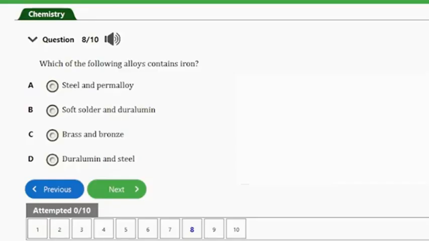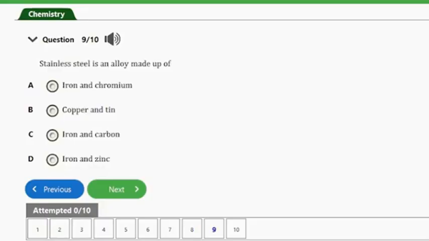So the answer to this question is option A, and that's steel and permalloy. Steel and permalloy contain iron. So steels actually contain iron and carbon, whereas permalloy contains iron and nickel. So these two actually have iron, so that's the answer to this question. So let's consider the next question.